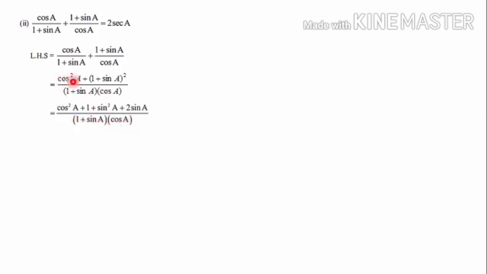Once again cos square a, first term same, second term (1 plus sin a) the whole square we are expanding as a plus b the whole square by using the identity, that is a square plus b square plus 2ab. So a square is 1 square, that is 1, plus b square is sin square a, plus 2ab, that is 2 into 1 into sin a, that is 2 sin a.